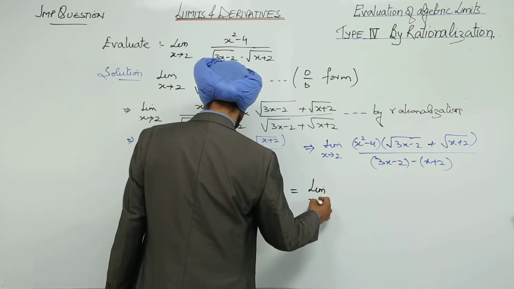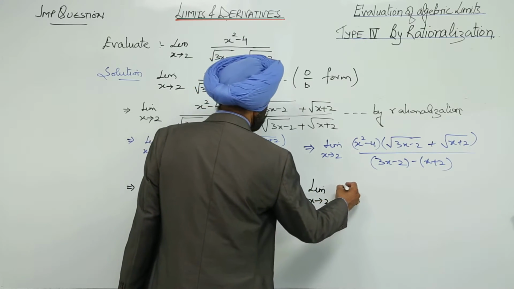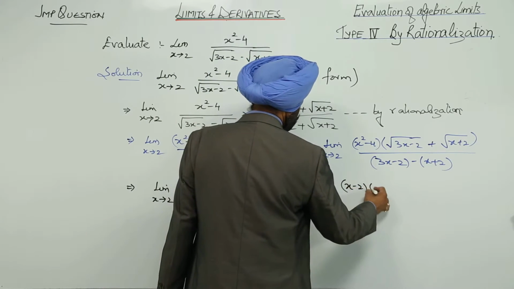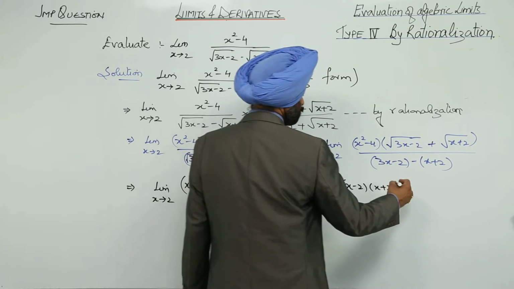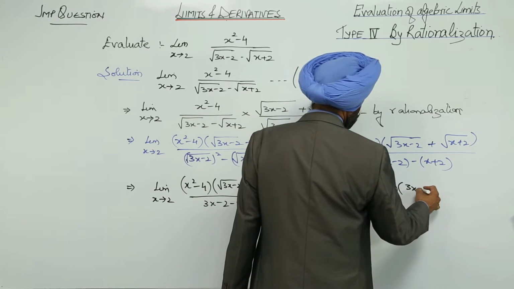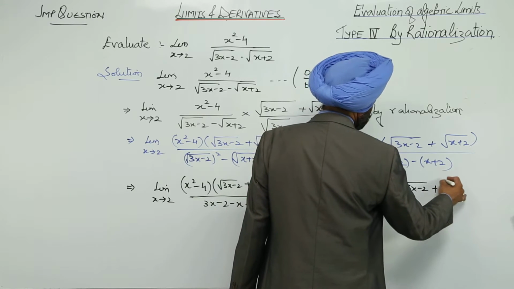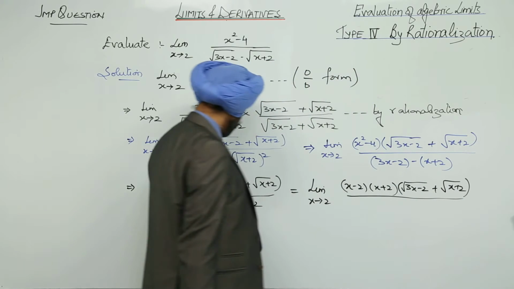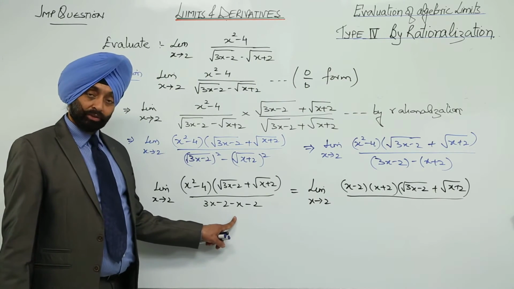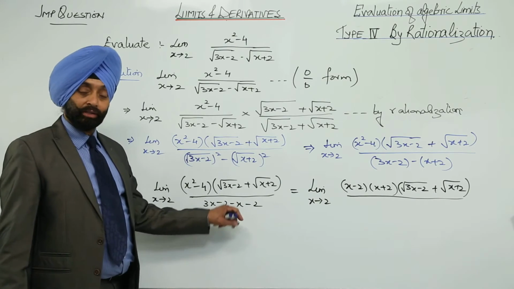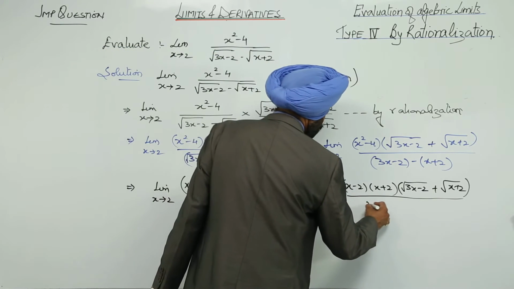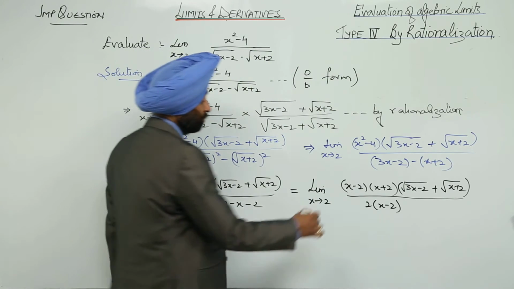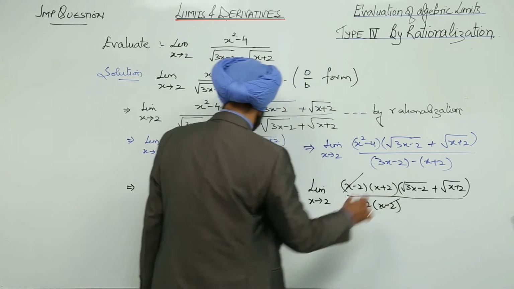Limit x approaches 2, (x − 2)(x + 2), (√(3x − 2) + √(x + 2)) upon, now 3x − x, this is what, 2x − 4, this one. Okay. Now we can cancel this with this.